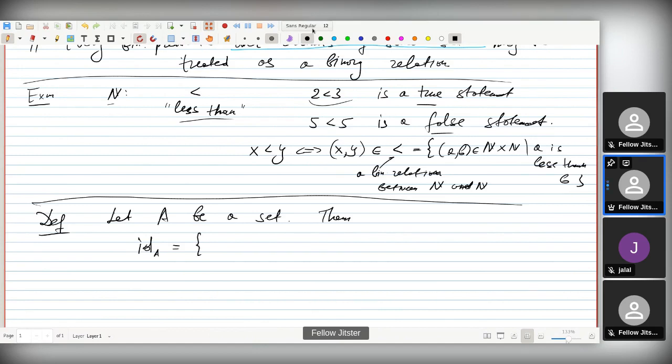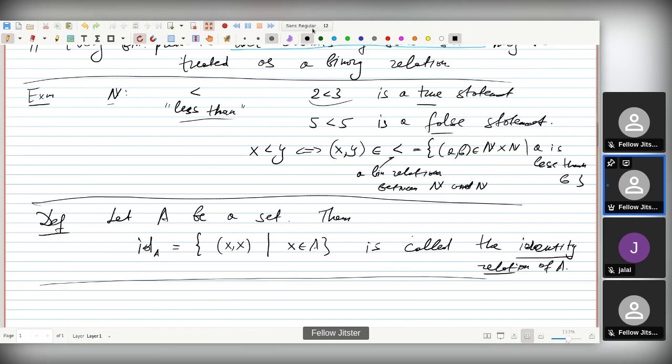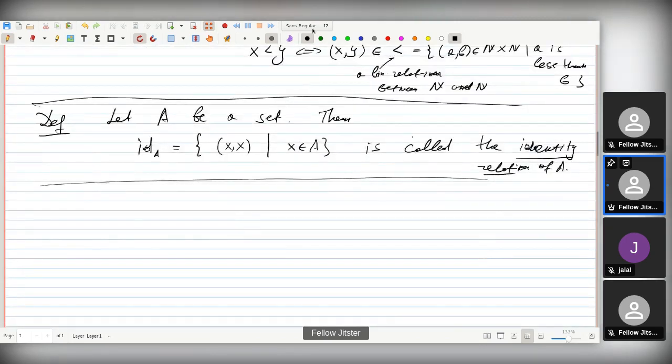Then the set of all such pairs where the first coordinate coincides with the second one is known as the identity relation of A. It is a set of all identical pairs. Is this idea clear?